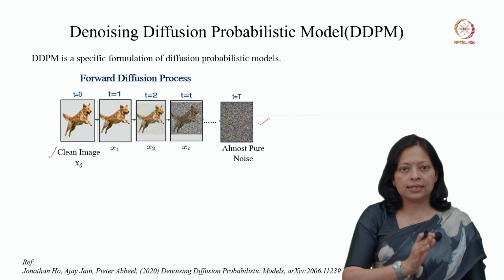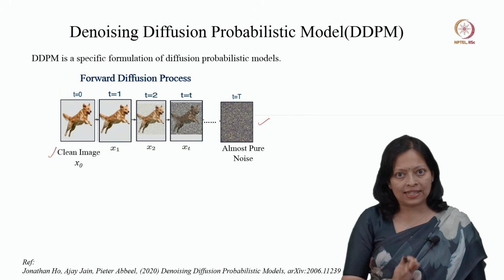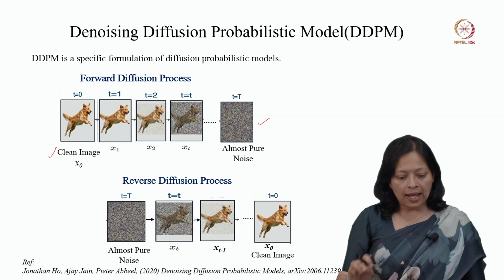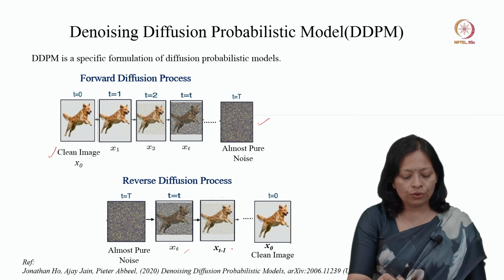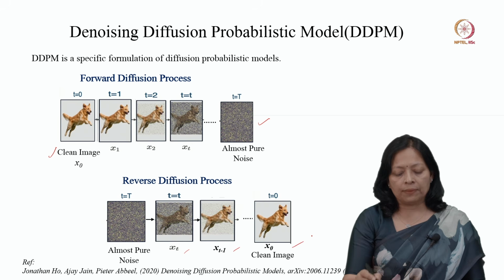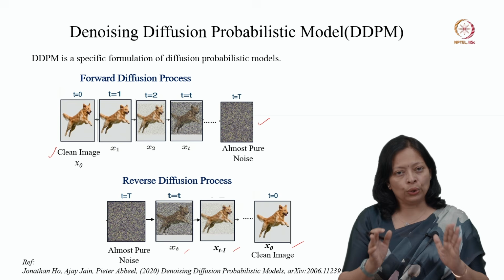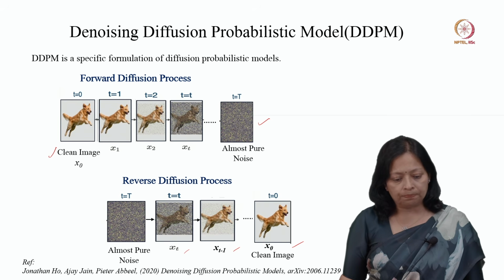So, this is the clean image to complete noise conversion that we do in the forward diffusion process. And in the reverse diffusion process, we start from almost pure noise and then go through several steps till we come to the clean image. Okay. So, this is fundamental to any diffusion probabilistic model.